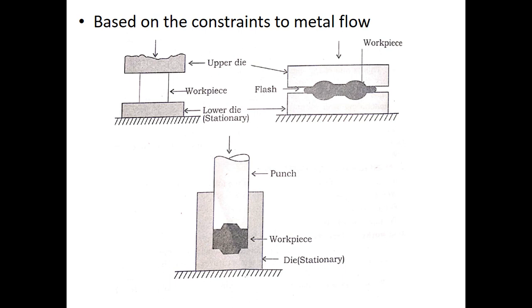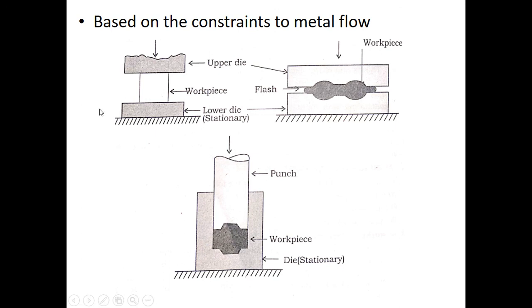For example, the first top two pictures show open die forging, which means the workpiece is placed between two flat dies. These are the dies. The workpiece is placed between the two flat dies, allowing the metal to flow freely without any constraint in the lateral direction.